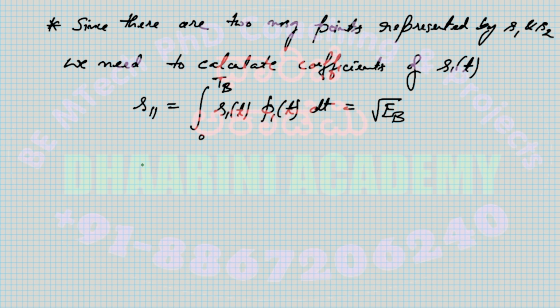But you see, if I try to write S12, this is going to be 0 to Tb, S1 of t itself, but on the other signal, that is phi 2 of t. Are you using phi 2 of t for S1? No. So this gives you a 0 because it's perpendicular. Phi 2 is perpendicular to wherever you mark phi 1.